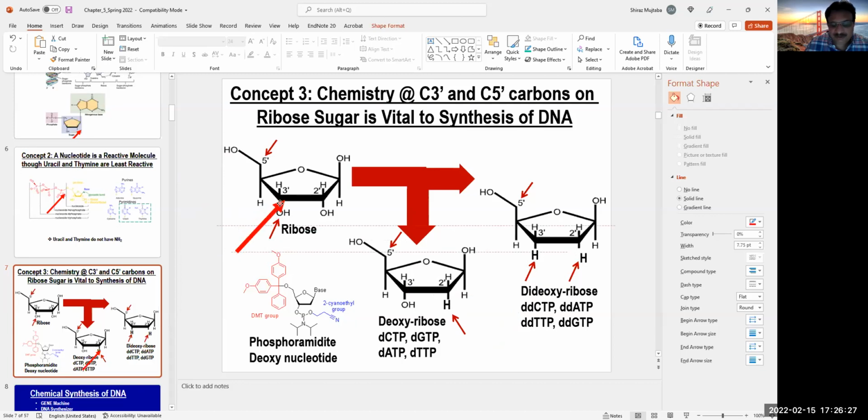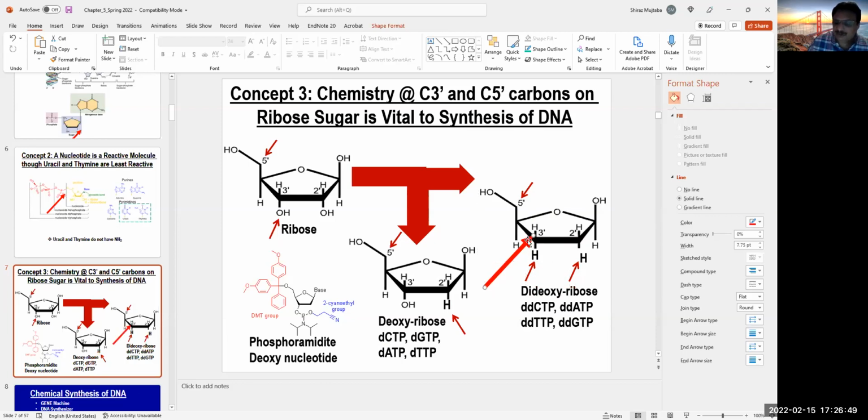So number 1 is ribose, where both hydroxyl groups are intact. Deoxyribose for DNA, where one oxygen is missing from carbon number 2, and dideoxyribose, where both oxygen atoms are missing from the second and third carbon atoms of the ribose molecule.